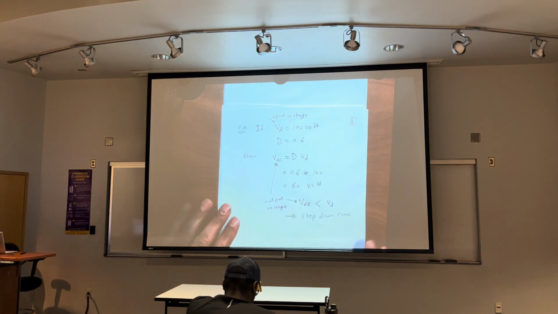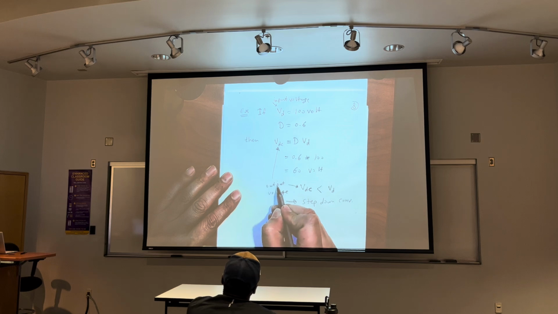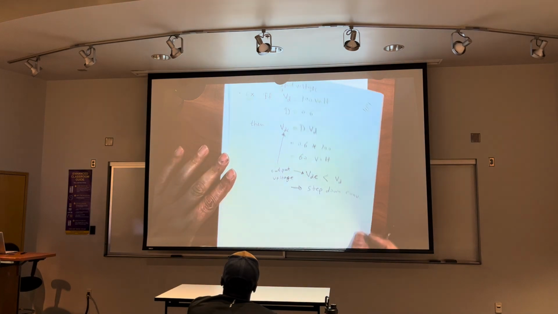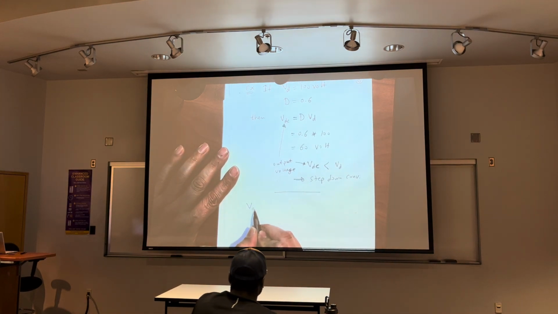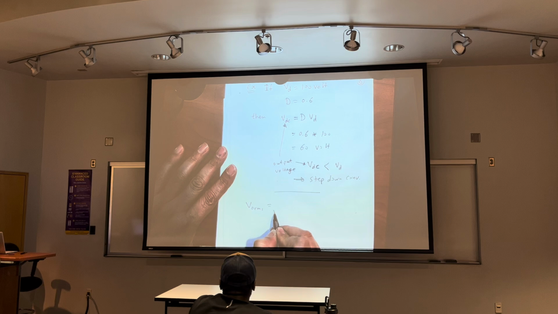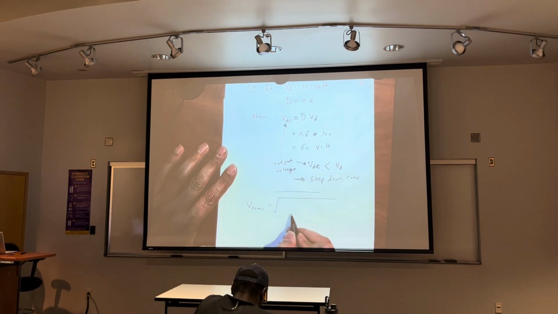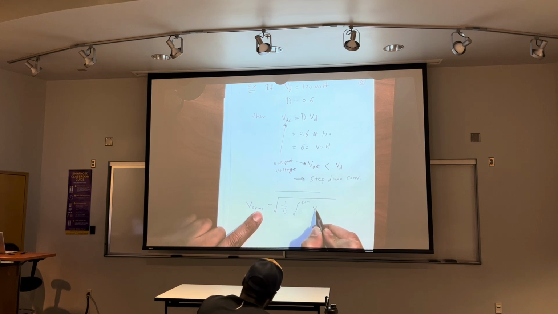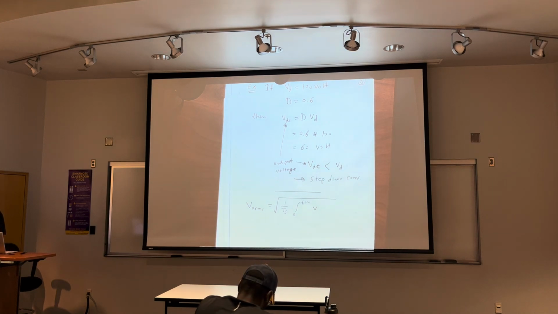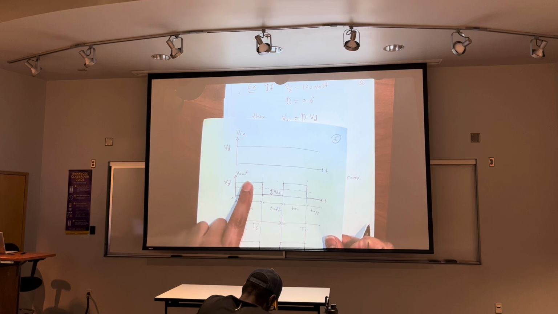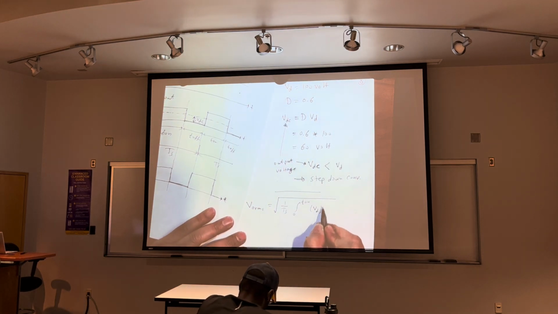Now, V output mean square: root of mean, 1 over Ts, integral from 0 to T on of VD square.